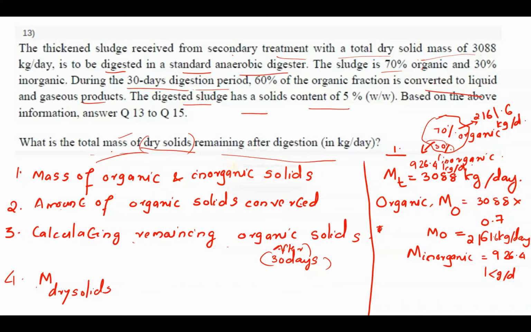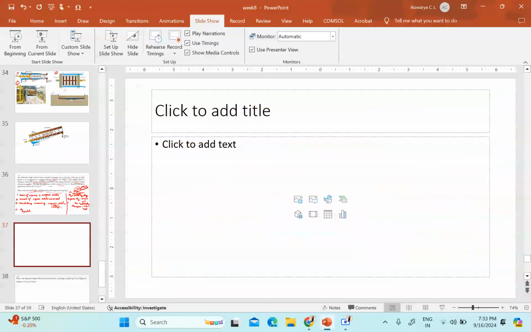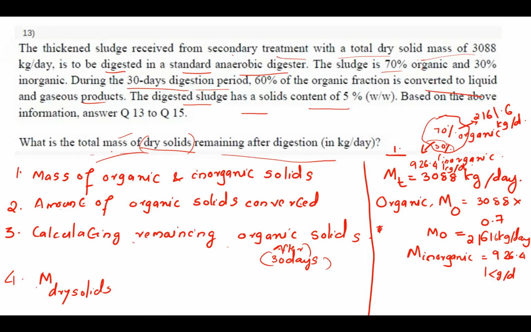Now we have to calculate the amount of organic solid that is converted in the digestion process. That is also given. During 30 days of digestion period, 60 percentage of organic fraction is converted to liquid and gaseous products.